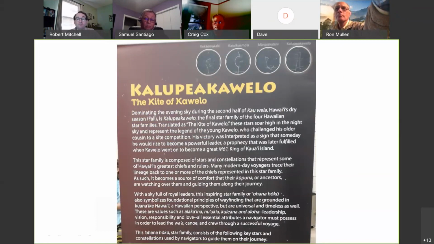Kawelo's winning the competition was interpreted as a sign that someday he would become a powerful leader. And he did indeed go on to become a king of the island of Kauai in what's now the Hawaiian Islands. And this star family is supposed to symbolize Hawaii's great chiefs and rulers.